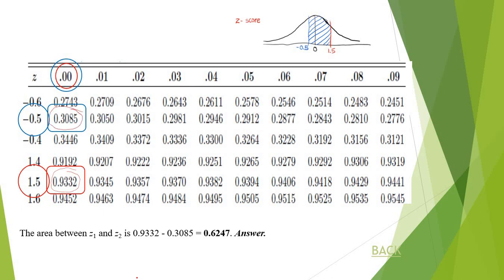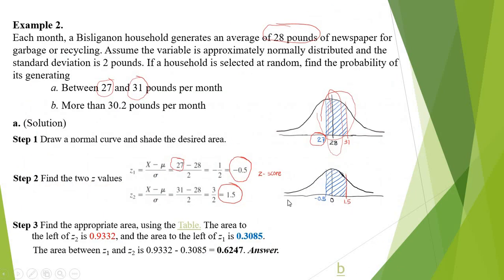So the area between z sub 2 and z sub 1 is 0.9332 minus 0.3085, which is equal to 0.6247. So this area here is equal to 0.6247. So that is the probability.